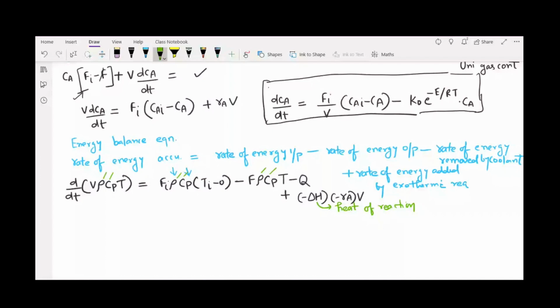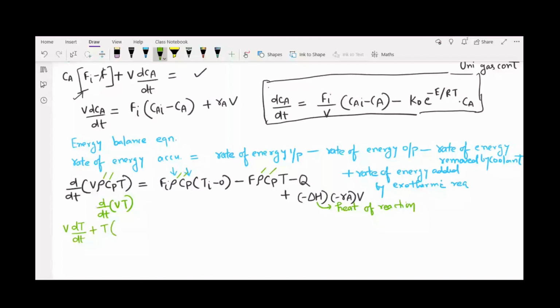So d by dt of V into capital T. V is also variable, T is also variable, so we will differentiate this. We write V dT by dt, plus T into dV by dt. And what is dV by dt? This is from the mass balance equation.